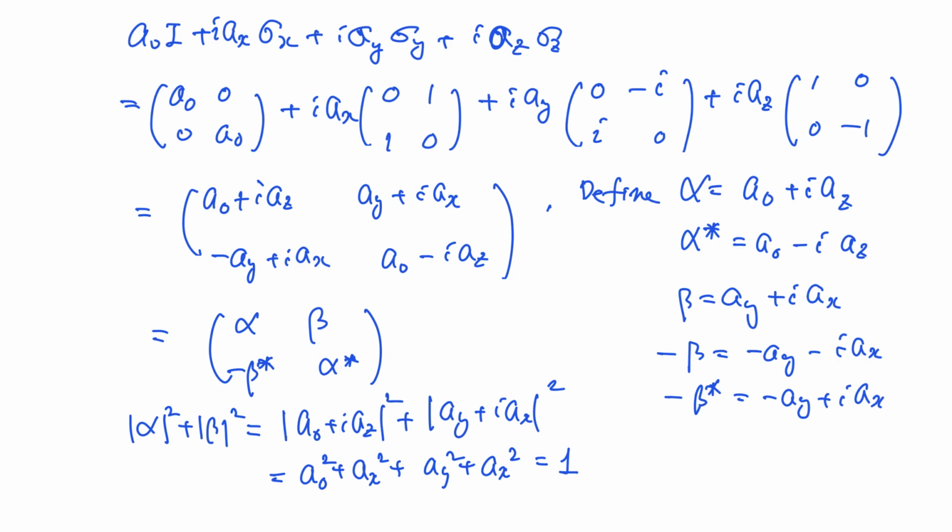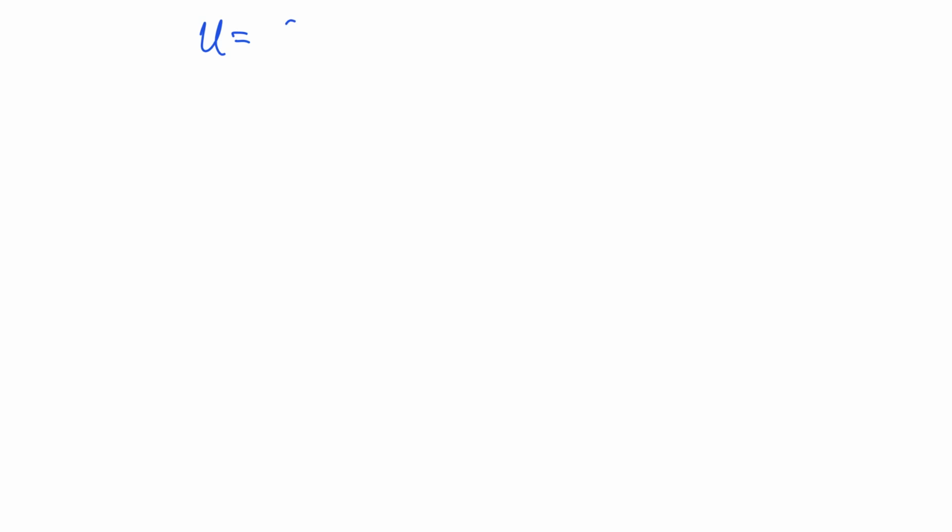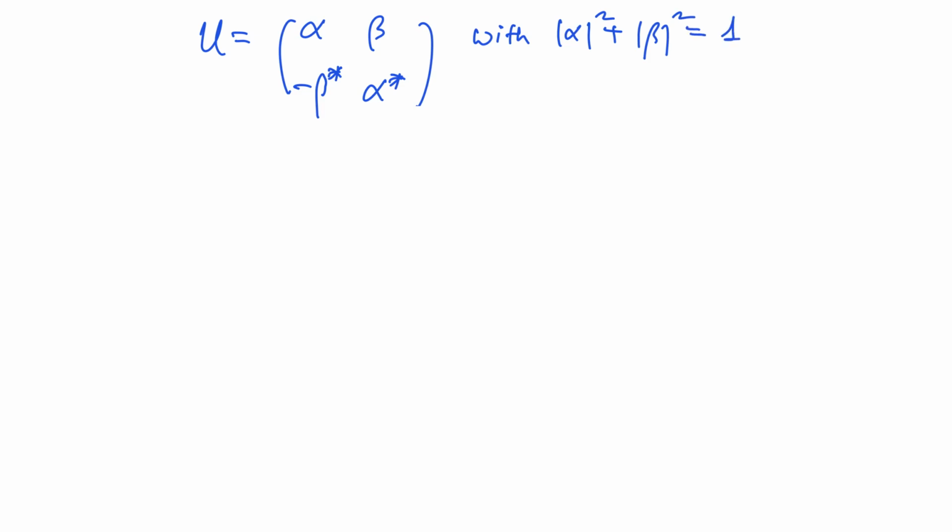So any unitary matrix, let me see. You can write down a unitary matrix as alpha, beta, minus beta complex conjugate, alpha complex conjugate, with |alpha|² plus |beta|² equal to 1. Then what is the determinant of U?